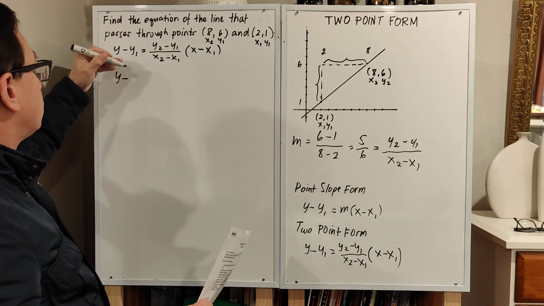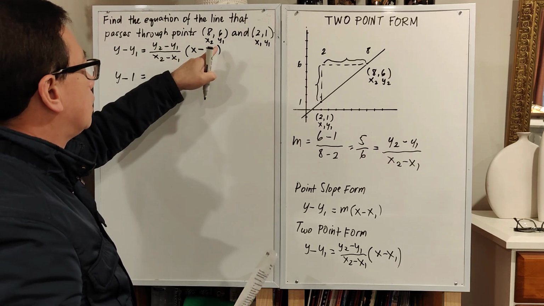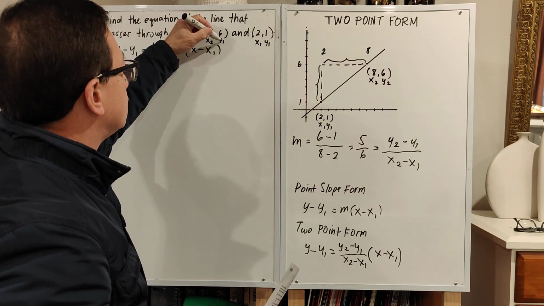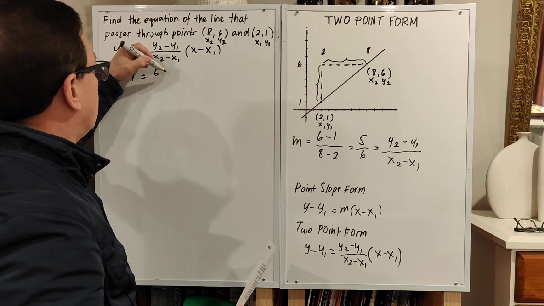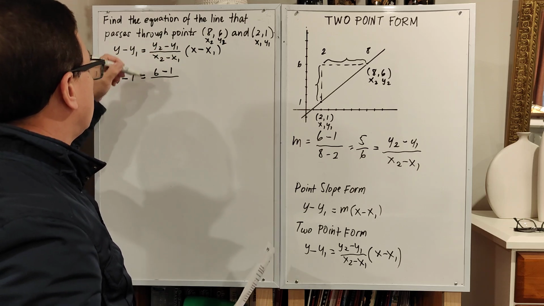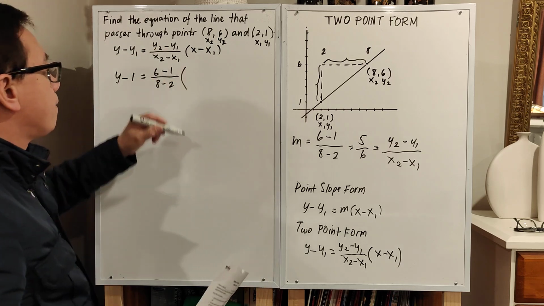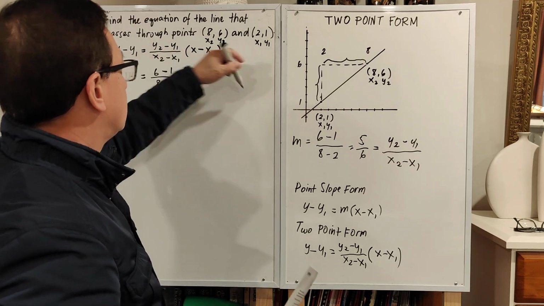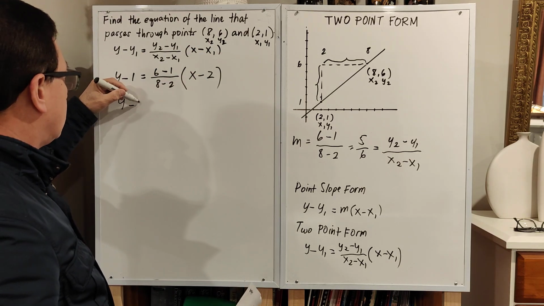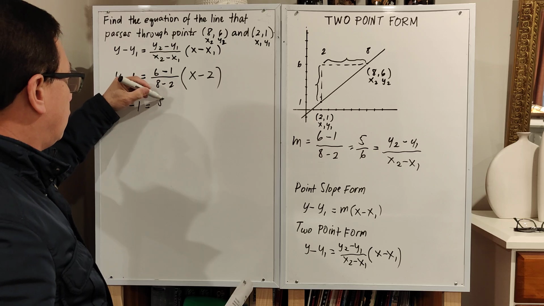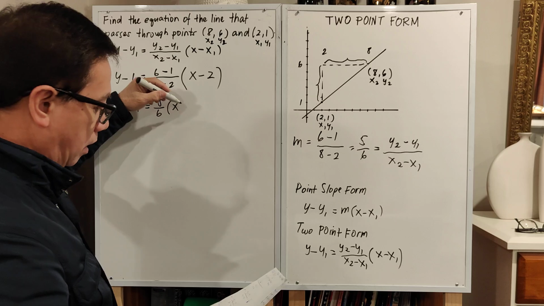So y minus y1, y1 is 1, y2 is 6, so 6 minus 1, over x2, 8 minus 2, times x minus 2. So this becomes y minus 1 is equal to 5/6 times x minus 2.